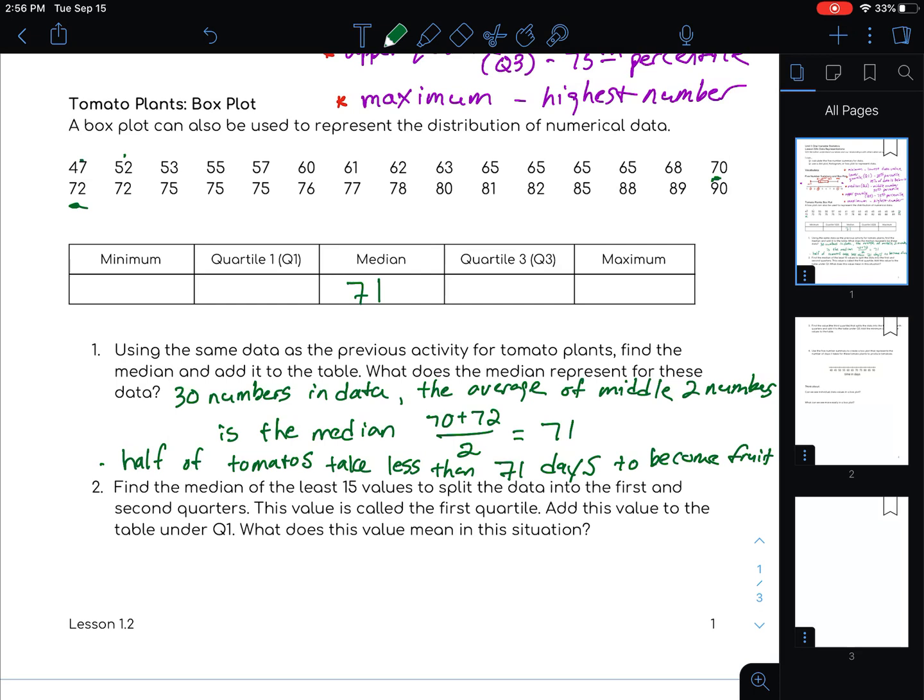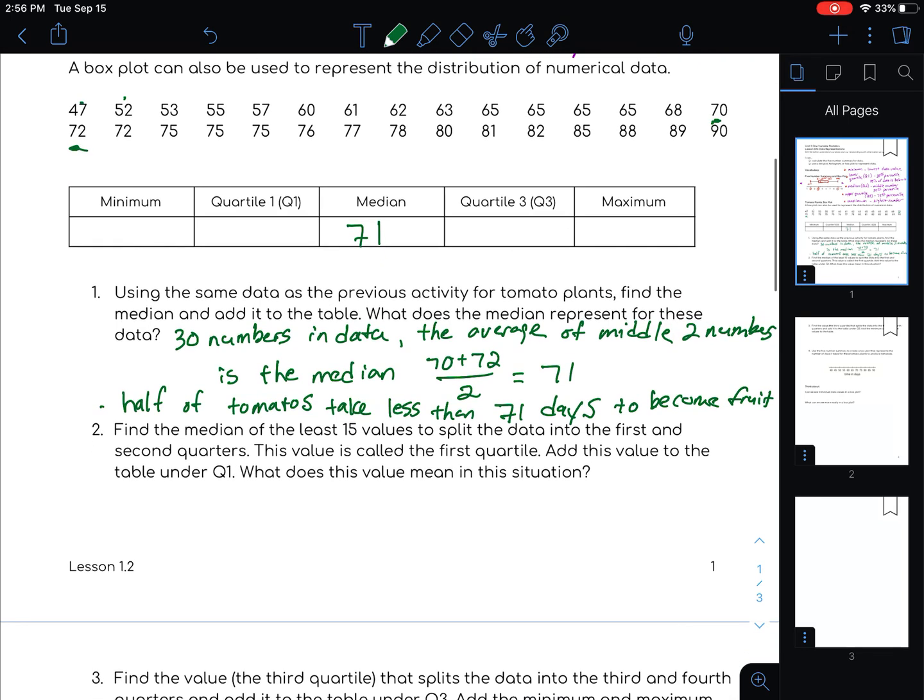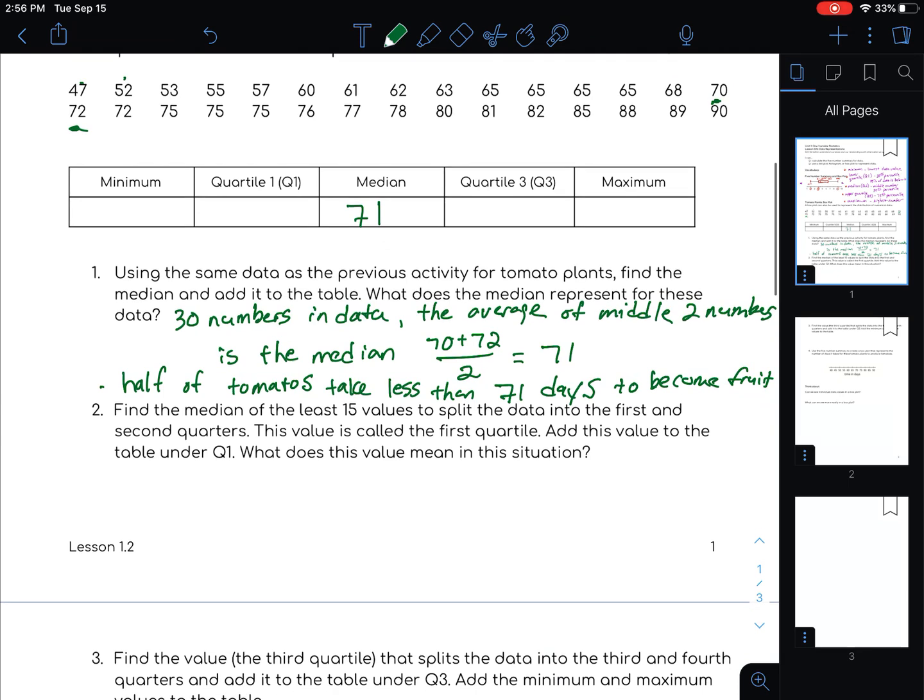I didn't word that quite like I wanted to originally, but essentially it's how long it takes before we get a tomato. How long does it take a tomato plant before we get a tomato? So half of the plants took less than 71 days to become a tomato. All right, so we found the median.